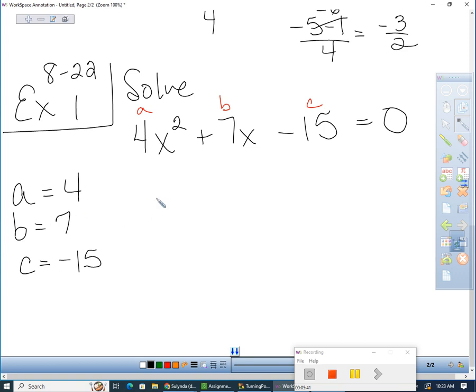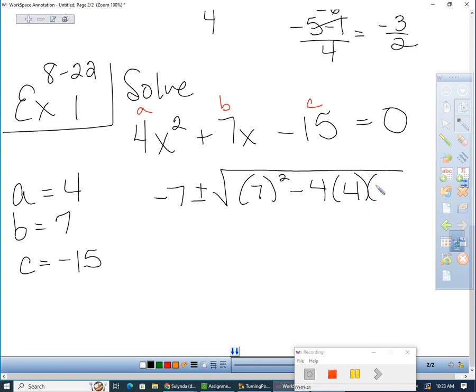I have negative B plus or minus the square root of B squared minus 4 times A, which is 4, times C, which is negative 15, all over 2 times A. So we're going to start by simplifying underneath that square root.